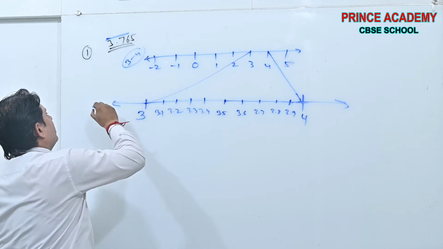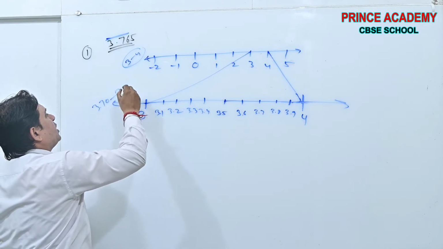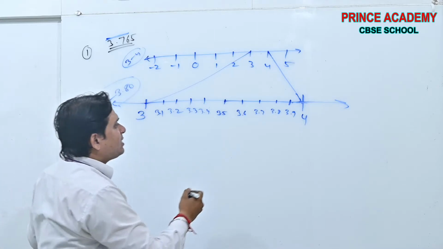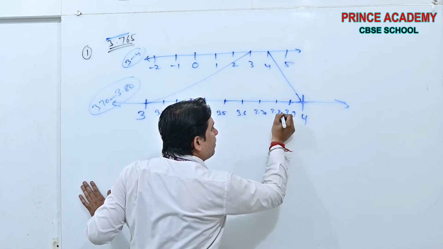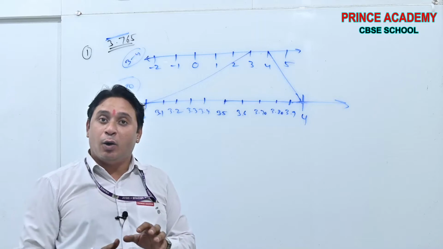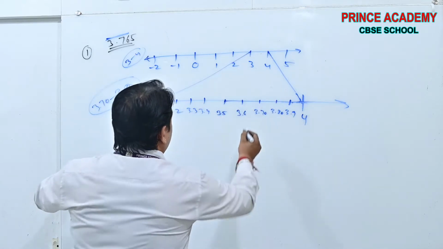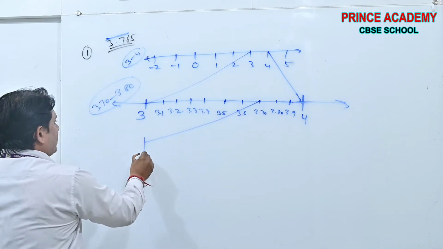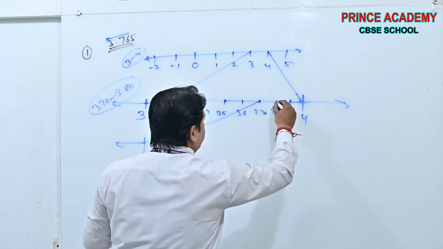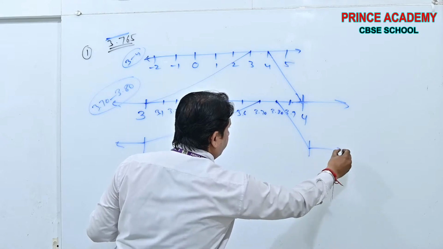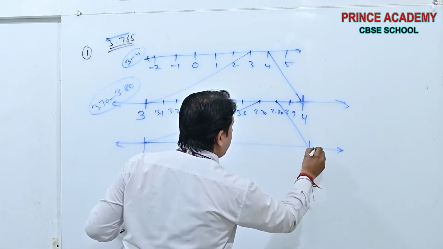3.76 will be in between 3.70 to 3.80. This is 3.70 and this is 3.80. Okay. Now put your magnification glass over this and magnify this like this. Okay.